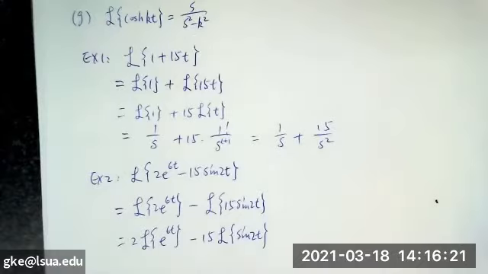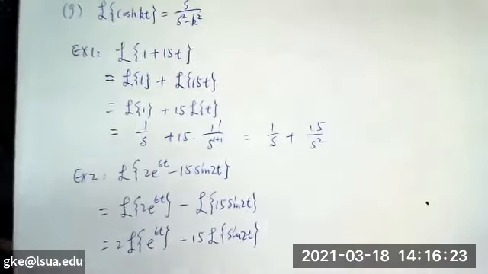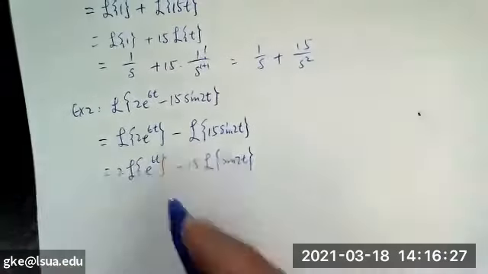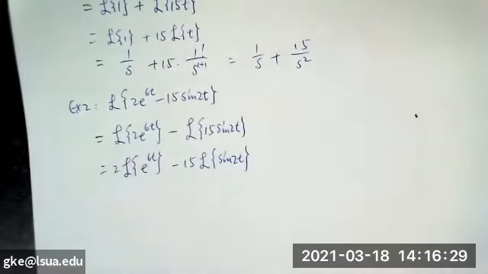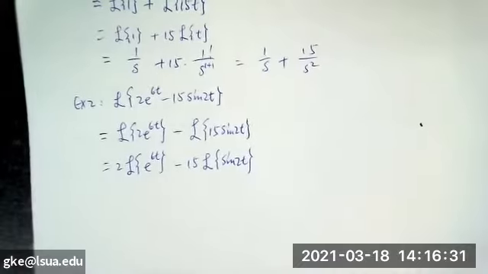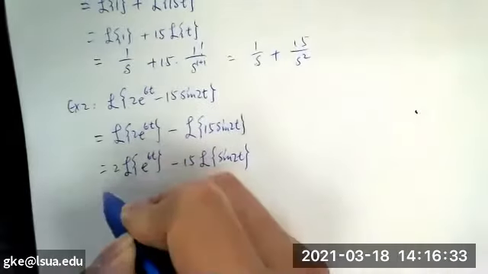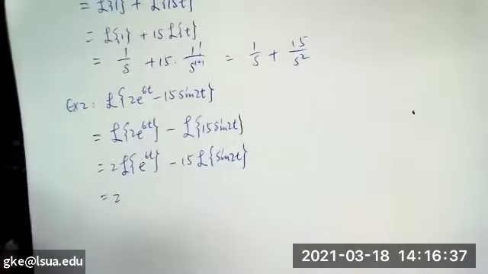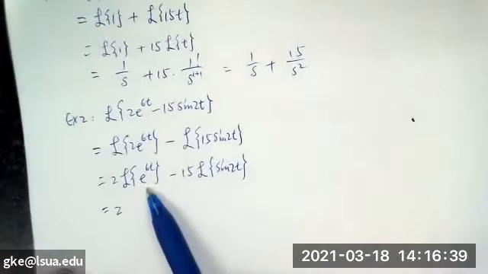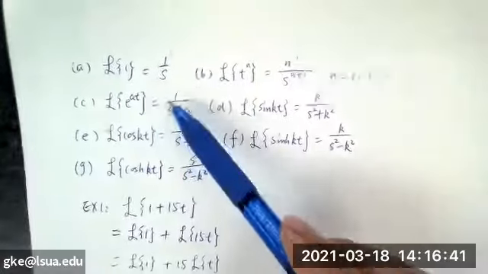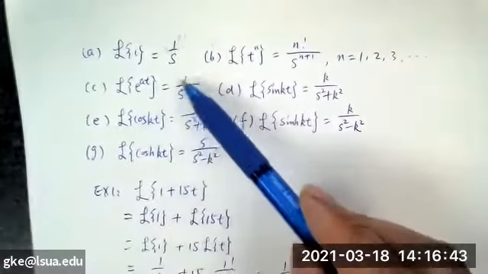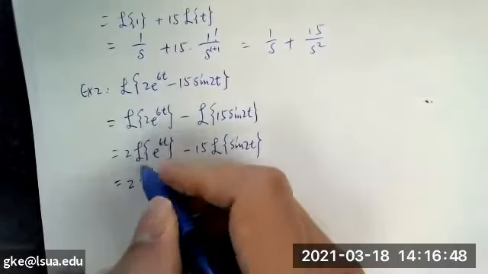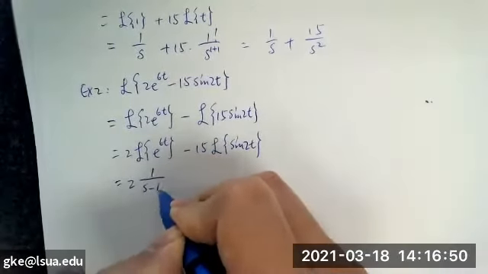Then we use the formula for the first one, formula C. So a is 6.